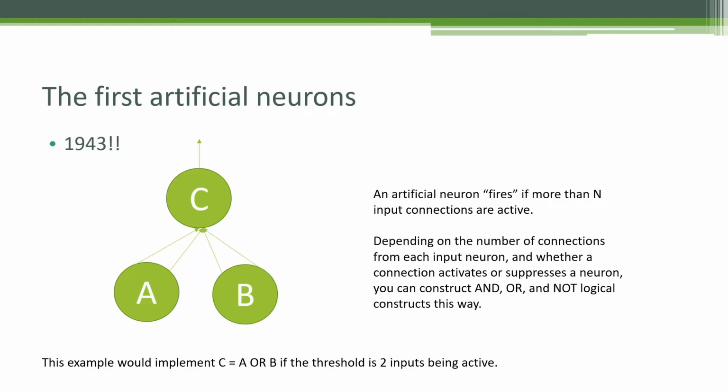So you can see we've created an OR relationship here, where if either neuron A or neuron B feeds neuron C 2 input signals, that will cause neuron C to fire and produce a true output. So we've implemented here the Boolean operation C equals A or B, just using the same wiring that happens within your own brain. And I won't go into the details, but it's also possible to implement AND and NOT by similar means.